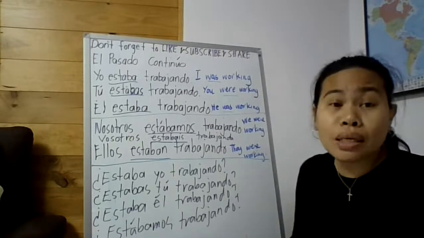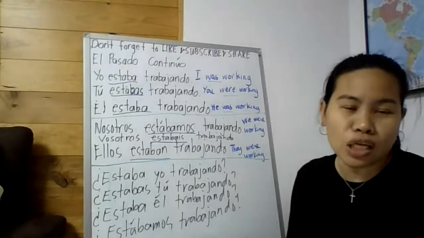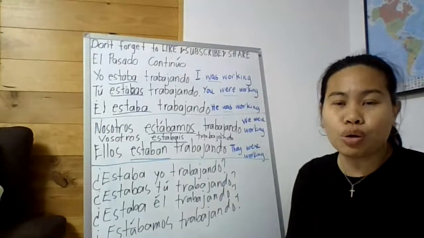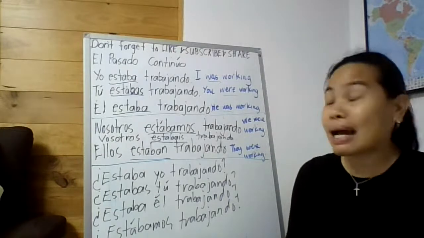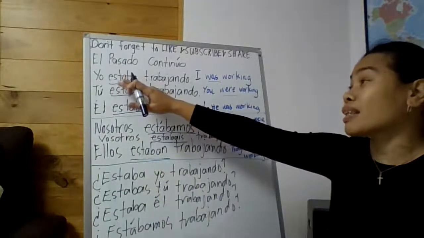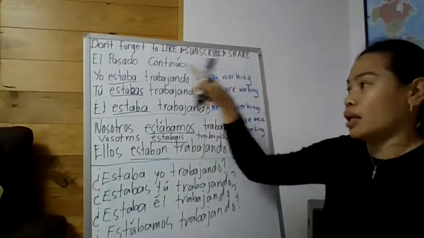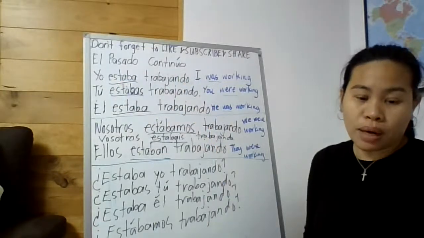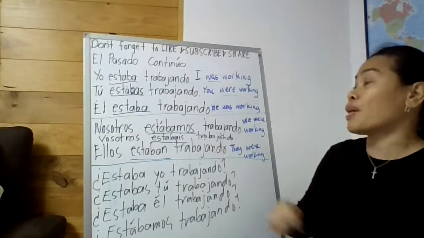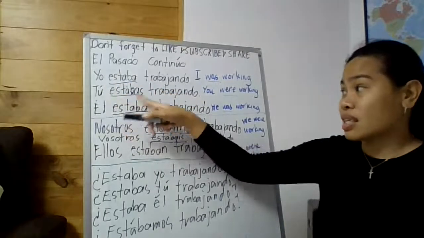Okay, so as you can see, our second verb ends with do. In English, that is ing, because continuous action always ends with ing. So if we're going to make that in present form, I am working: yo estoy trabajando. ¿Vale? Tú estás trabajando.